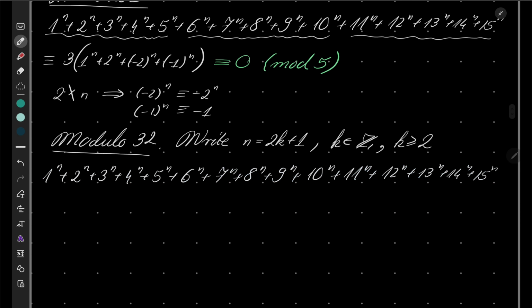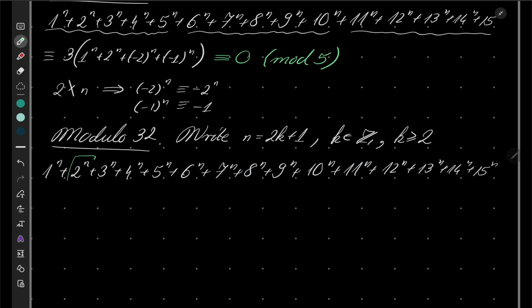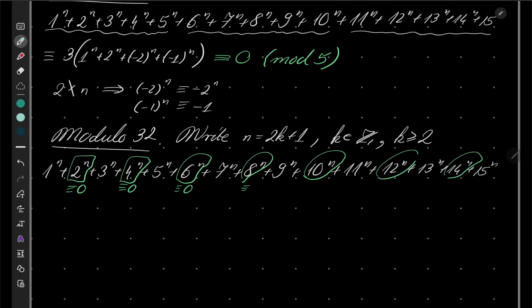What happens now is that, first of all, 2 to the power of n is 32 or higher. A power of 2 that is 32 or higher is congruent to 0. Similarly, this number is also congruent to 0, this as well, here also, and here also. All these numbers are congruent to 0 modulo 32. So we are left with only powers with odd bases.